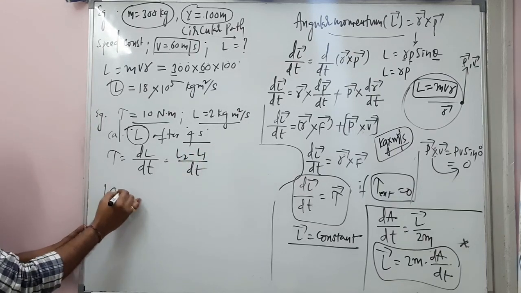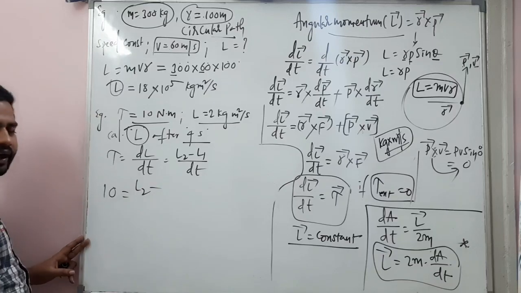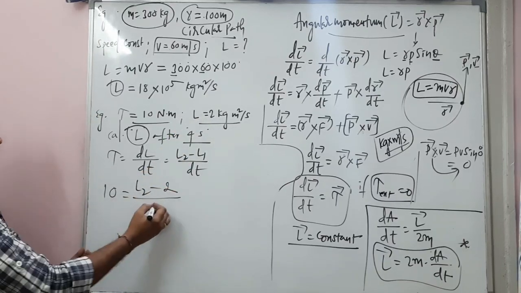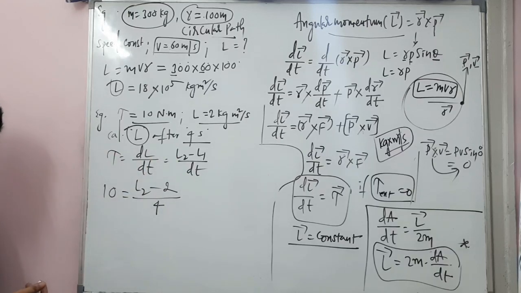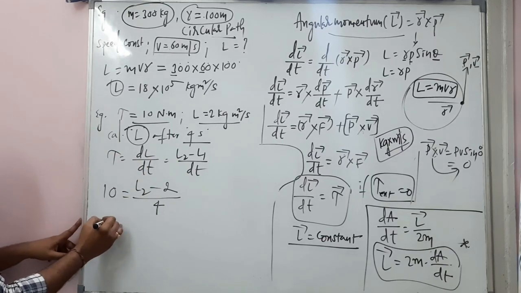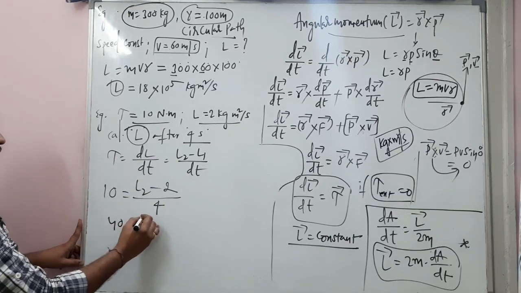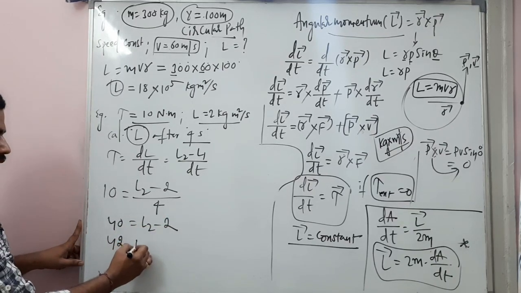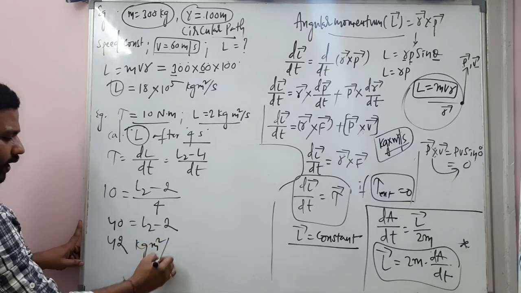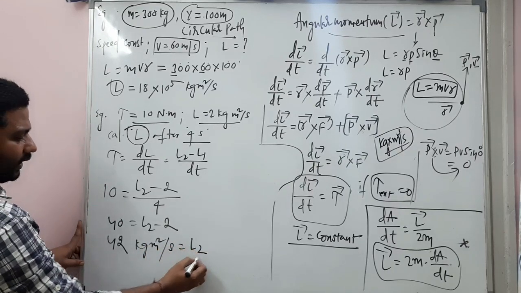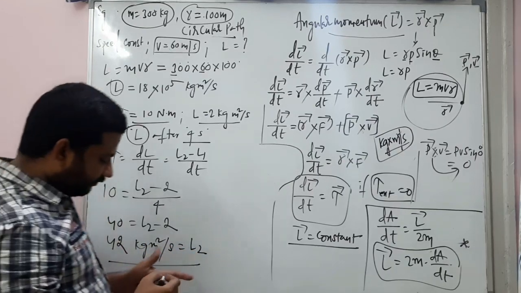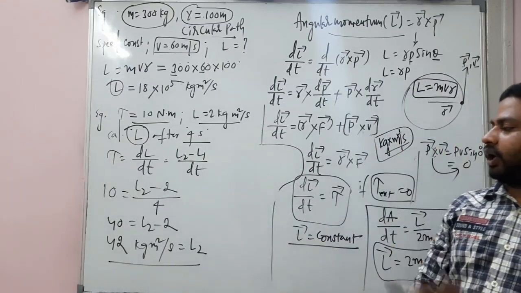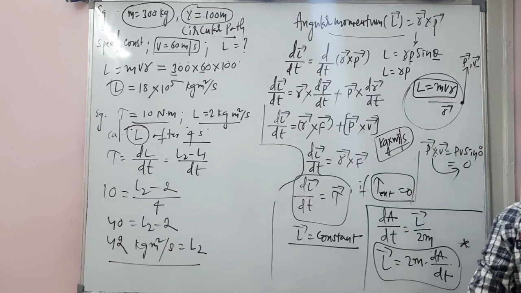Torque is 10, L2 we need to find, minus L1 is given as 2, divided by dt, which is 4 seconds. So 40 is equal to L2 minus 2, and L2 is 42 kg meter square per second. After 4 seconds the angular momentum is 42 kg meter square per second.